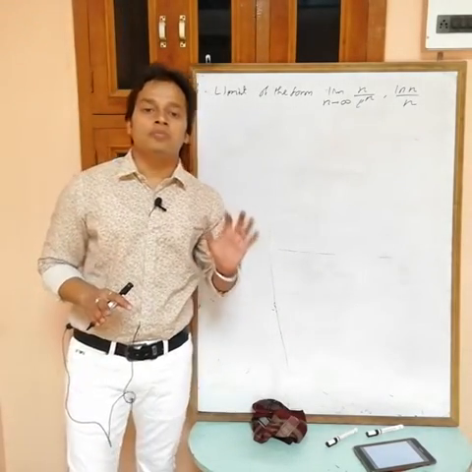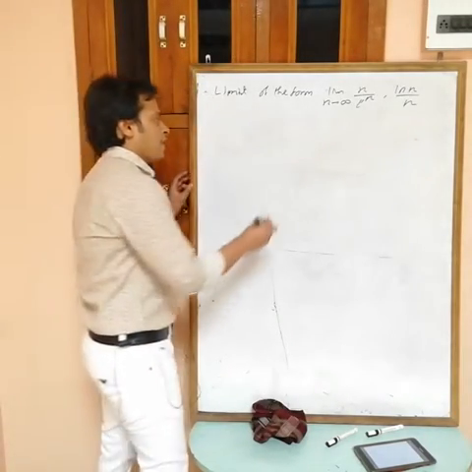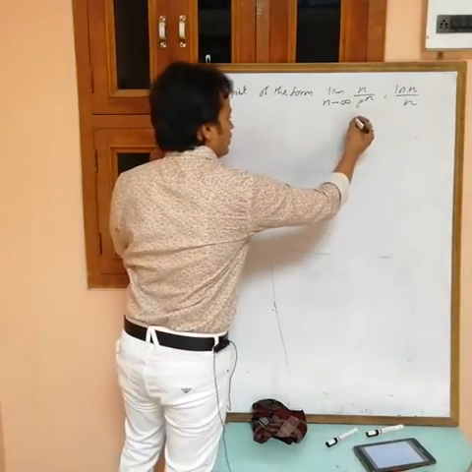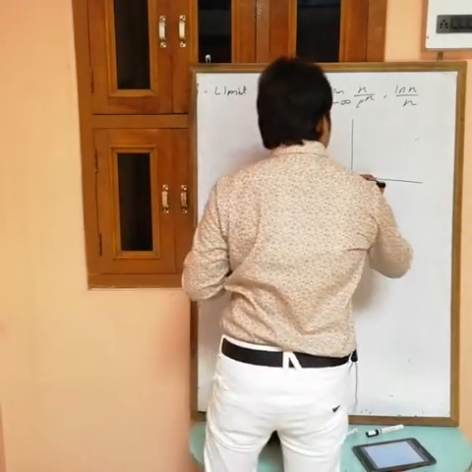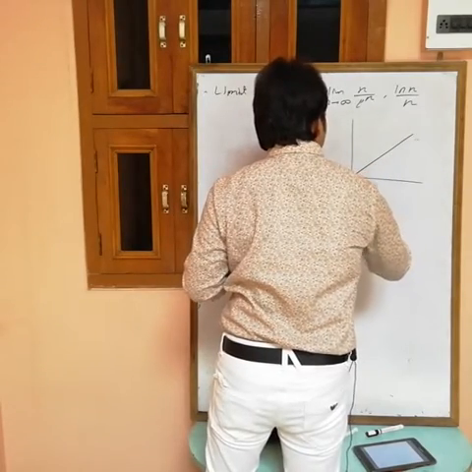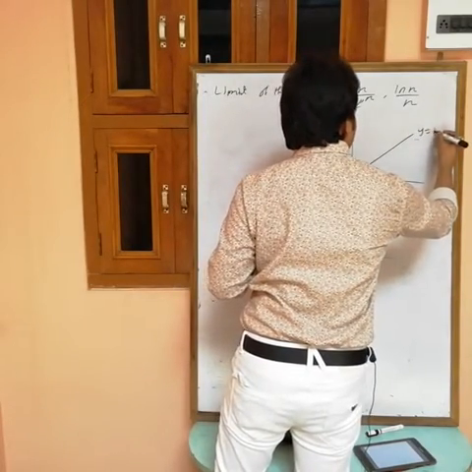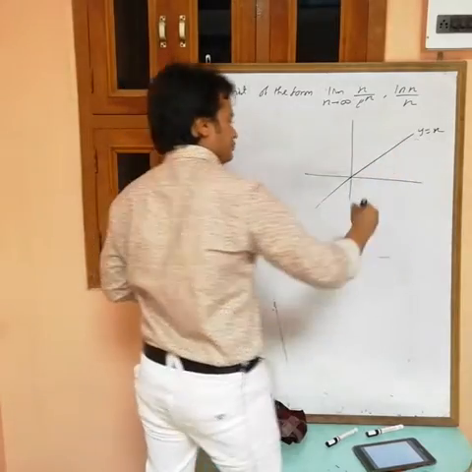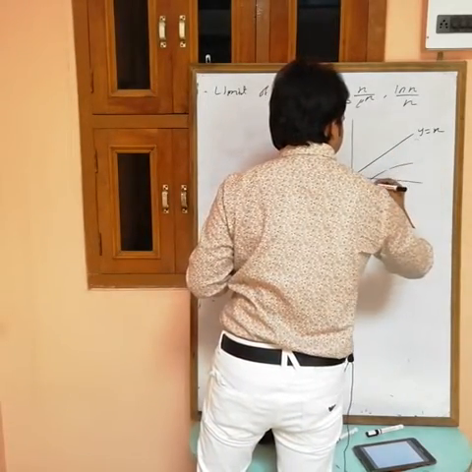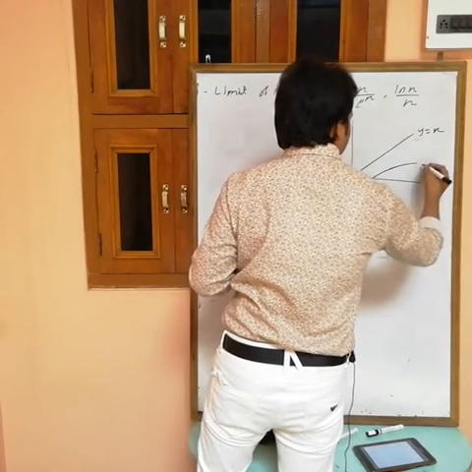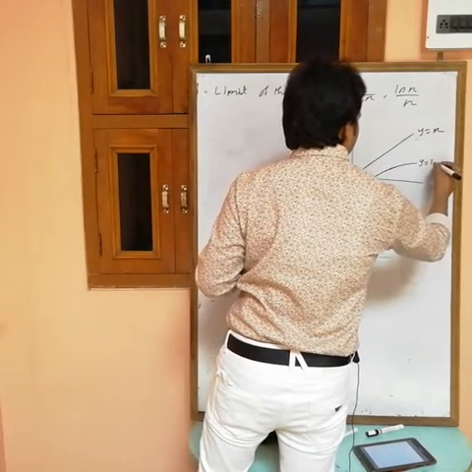These are comparable infinities. See, if I draw the graph, this is y equals to x, this is the graph of x. This is the graph of ln x.